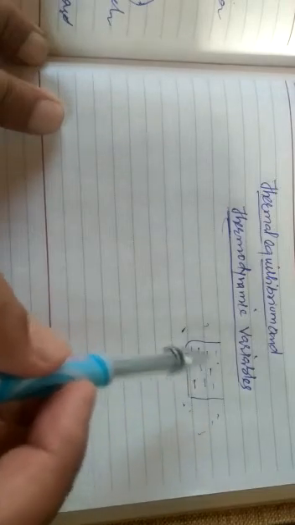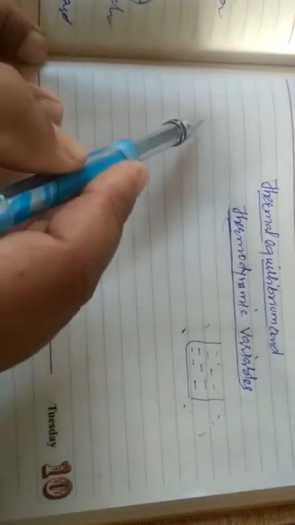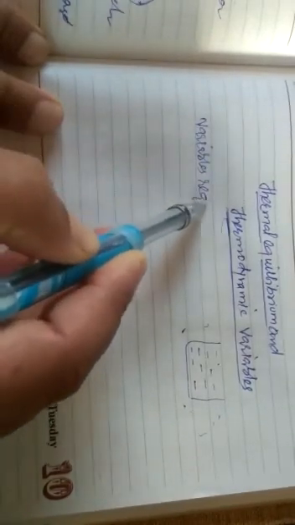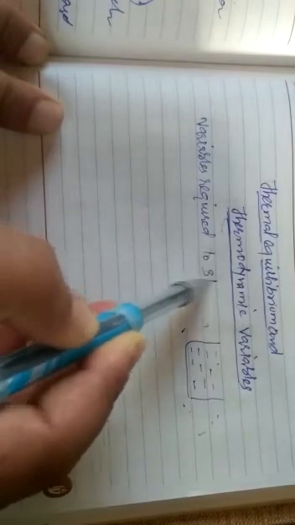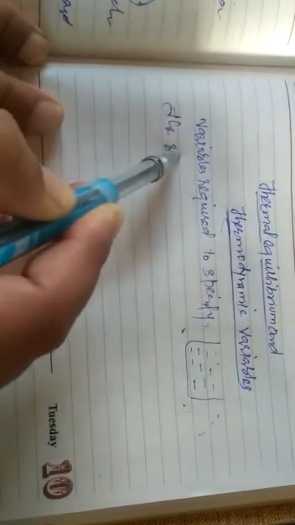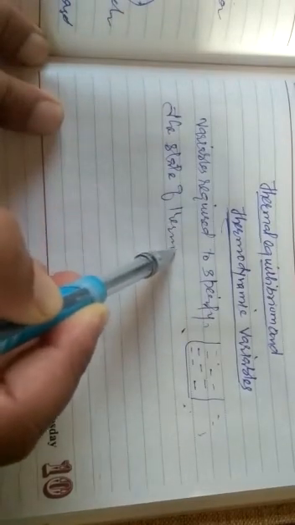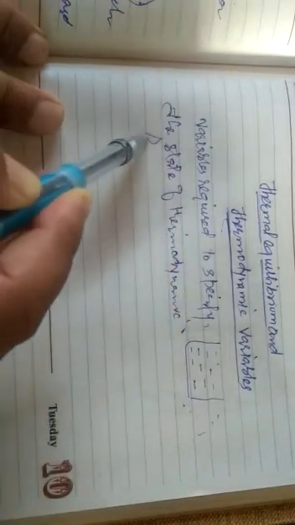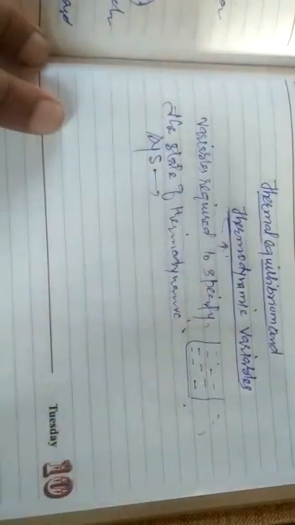Thus, the variables which are required to specify the state of a thermodynamic system are known as thermodynamical variables.